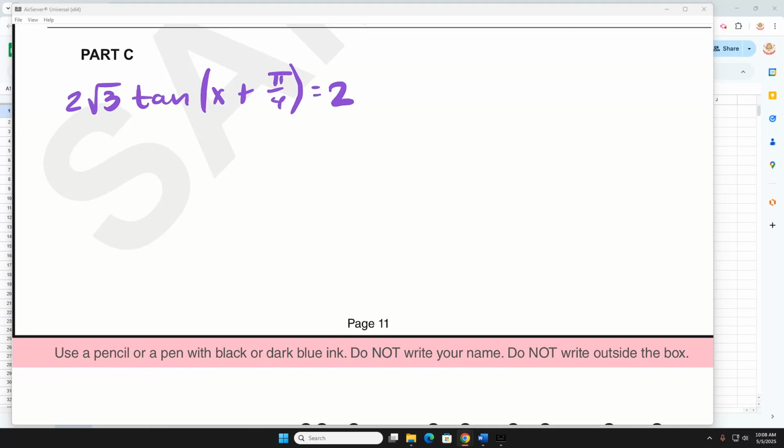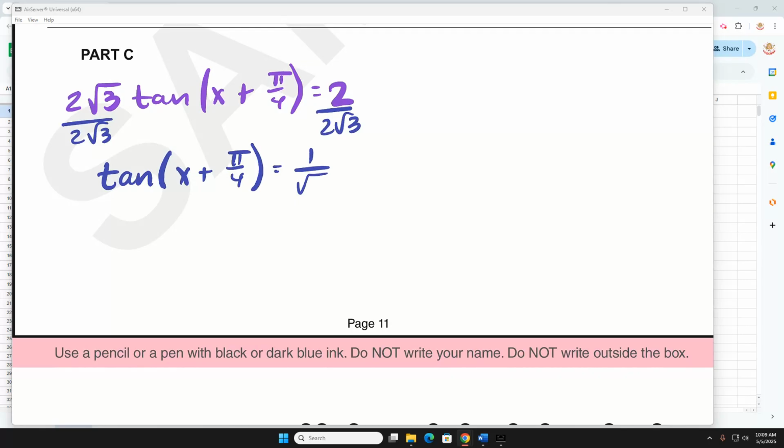So this is a trigonometric equation where the first thing we want to do is isolate the trigonometric ratio. We want to get tangent alone by dividing by 2 times the square root of 3. All right, and so that would simplify down to 1 over the square root of 3.